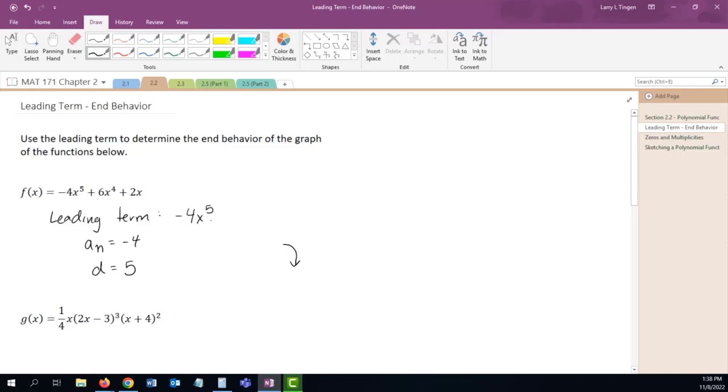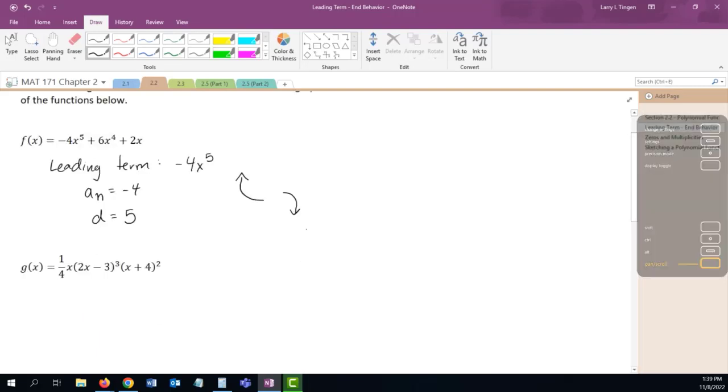What about when x is getting more and more negative? When x is negative 10, negative 100, negative 1,000. I take negative 1,000, I raise it to the 5th, my output is still negative, right? And then I take a negative output and multiply it by another negative number. So as x is heading toward negative infinity, my function is growing.